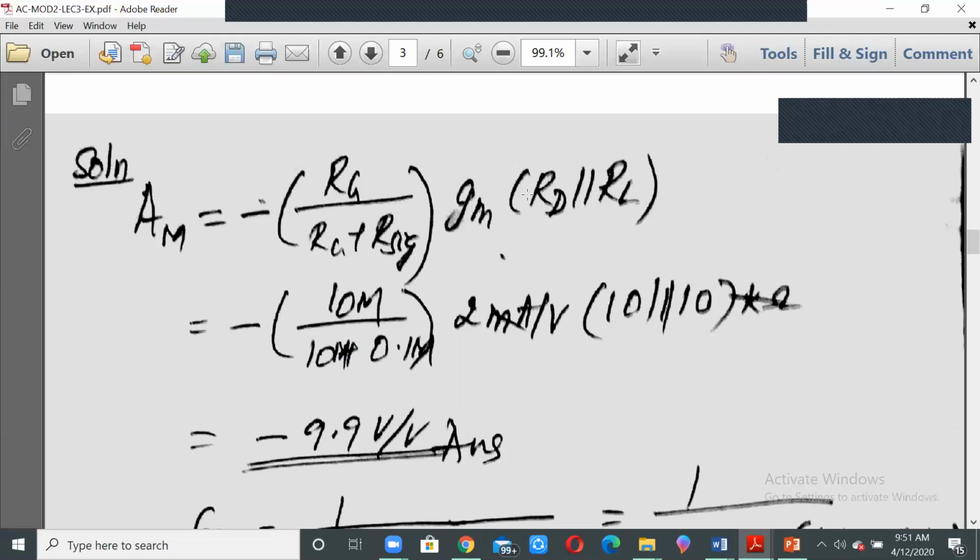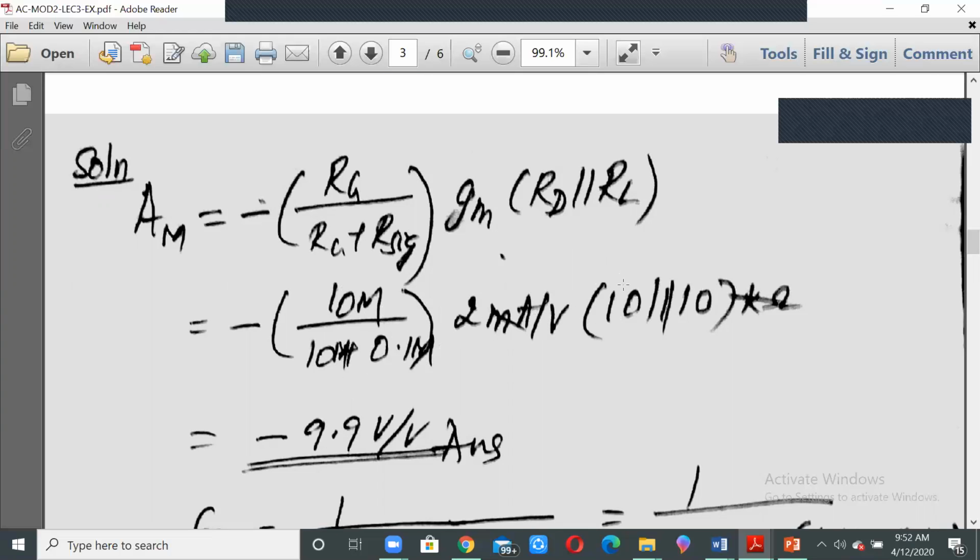Ideally, it will be r0 in parallel with RD in parallel with RL. So RG is given as 10 meg. Rsig also we are writing in meg, it is 100 kilo ohms, and that is nothing but 0.1 meg ohm. They all are in meg, so meg will cancel in the numerator and denominator. This is 2 milliampere per volt.